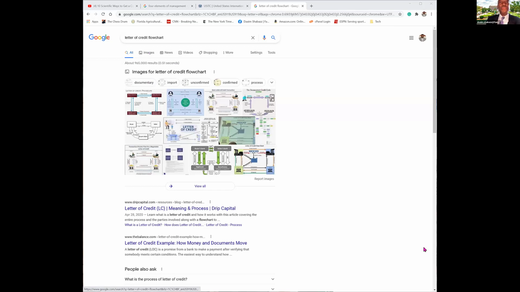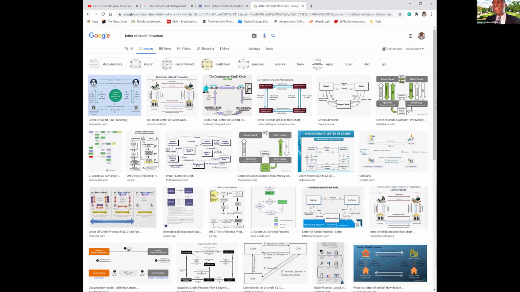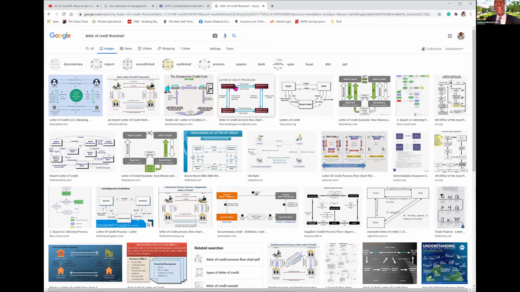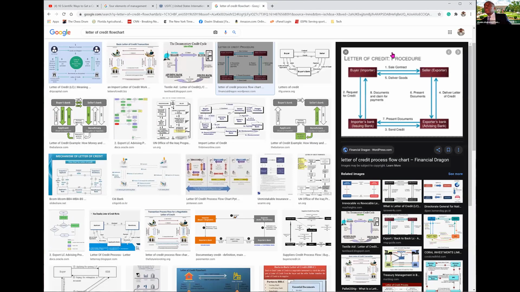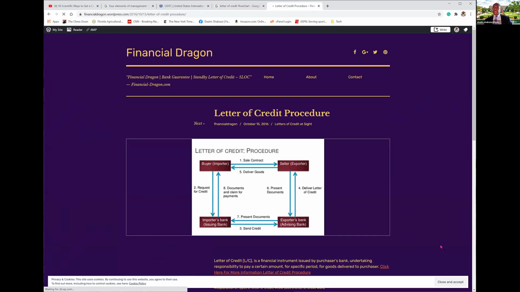Now, I just Googled this, and just to give you an idea of how this flow works, I'm actually going to click on it. Hopefully, I can get a larger representation of it.